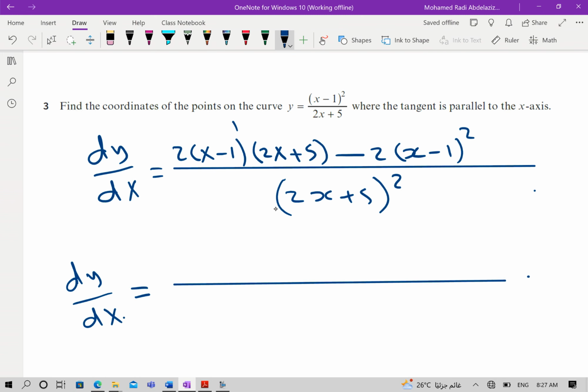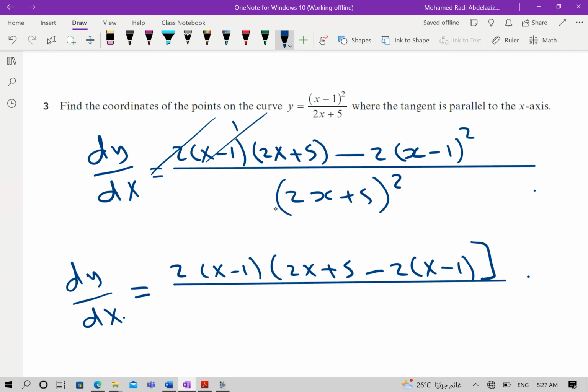dy by dx, simplify if there is a common factor. Which is the common factor between numerator and denominator? 2. What else? x minus 1. Open bracket, 2 taken, x minus 1, so left 2x plus 5, minus 2 times (x minus 1), because (x minus 1) all squared, we already took one outside, divided by (2x plus 5) the whole squared.